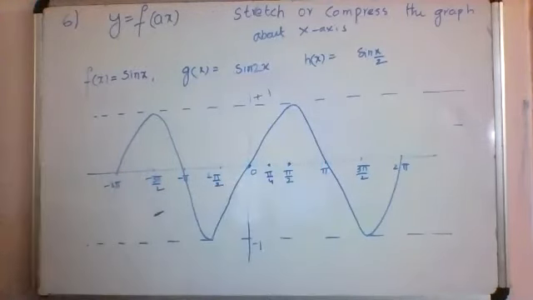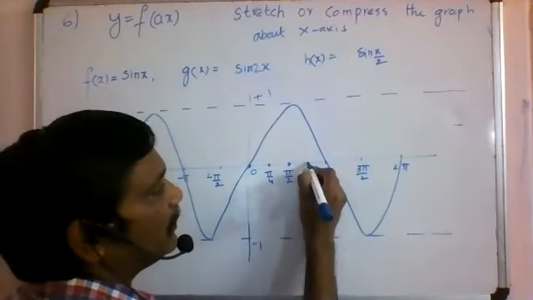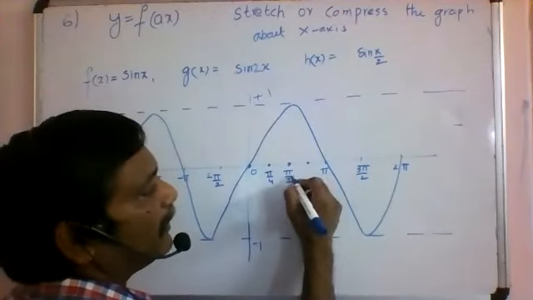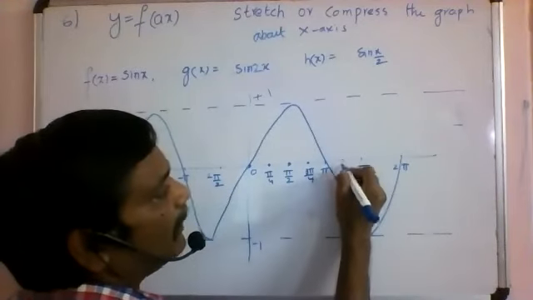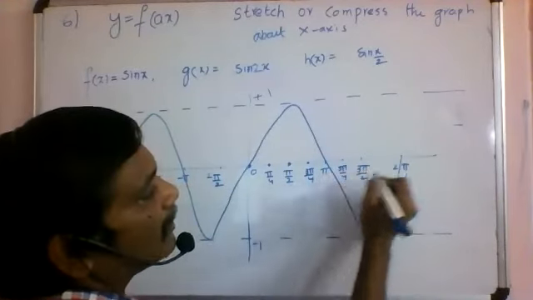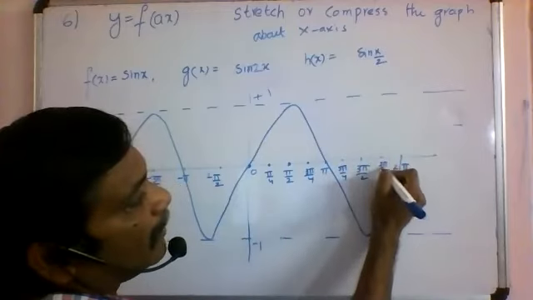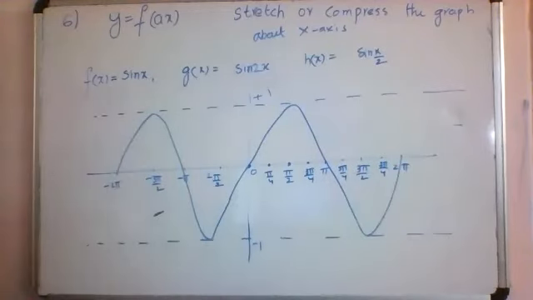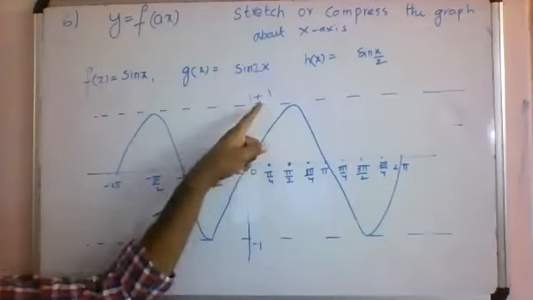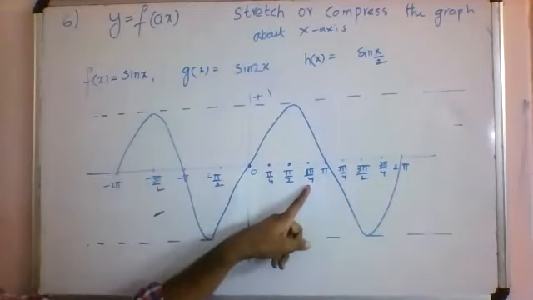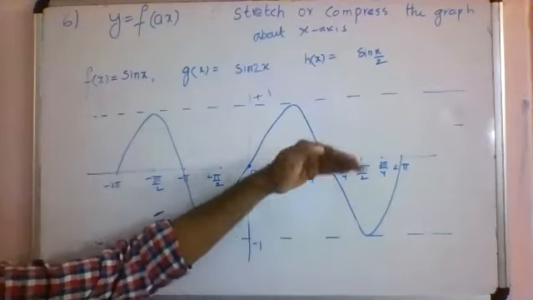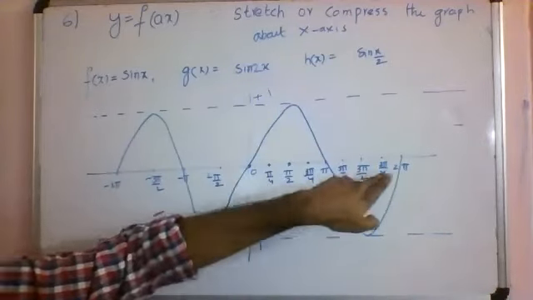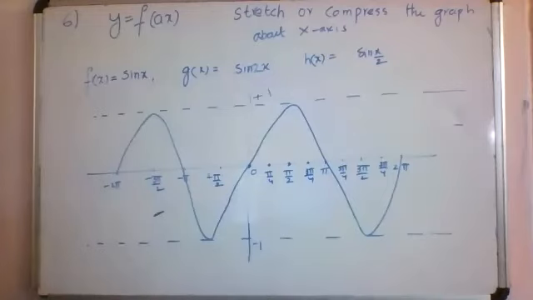So between 0 and pi by 2, pi by 4 comes, which means here also I need to keep, and between pi by 2 and pi we'll have 3 pi by 4. And here we'll have 5 pi by 4, 7 pi by 4. At these points it should reach either +1 or -1, at 3 pi by 4, 5 pi by 4, 7 pi by 4, like that.